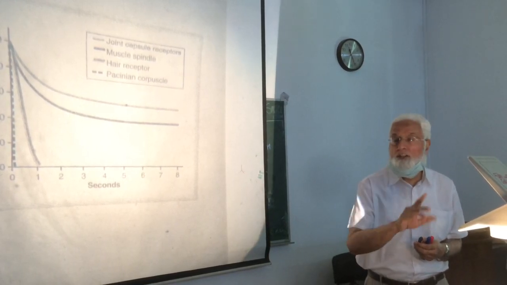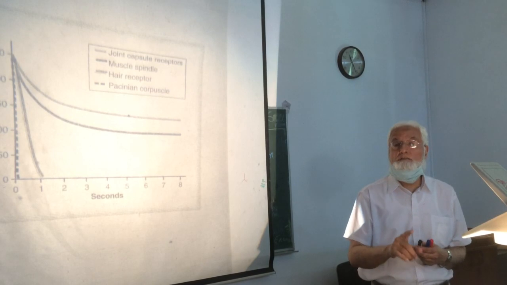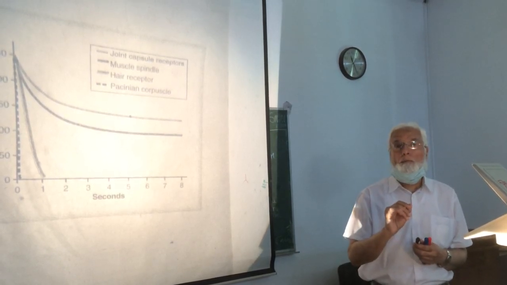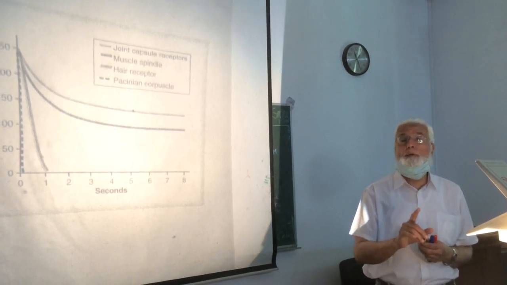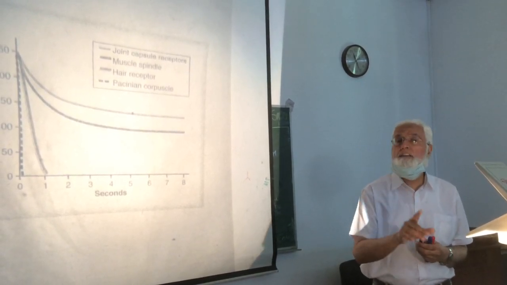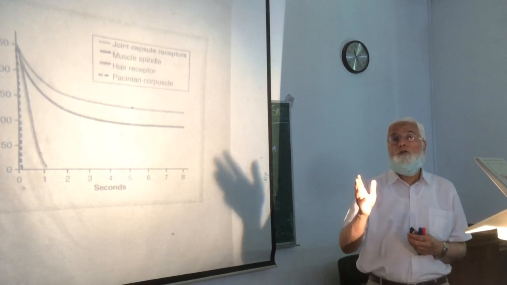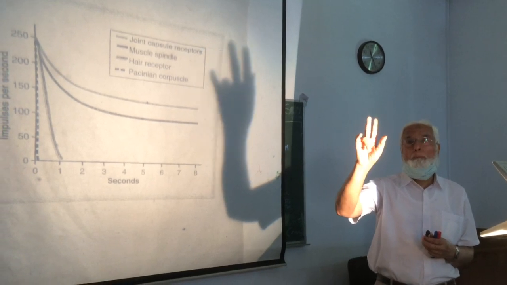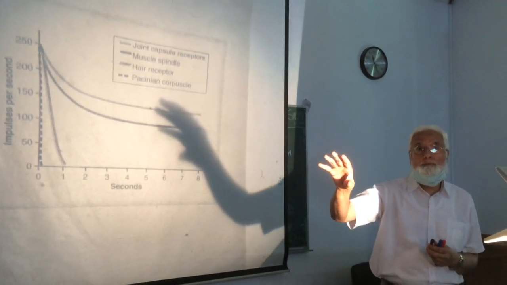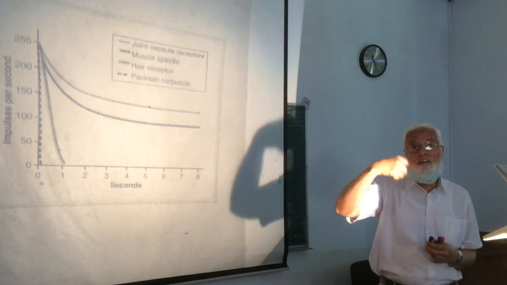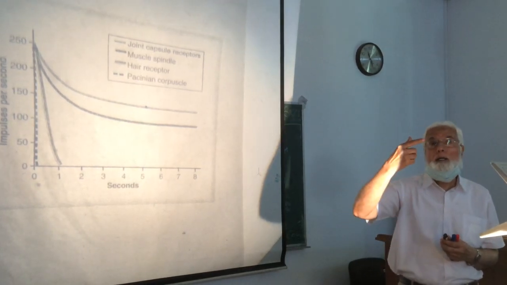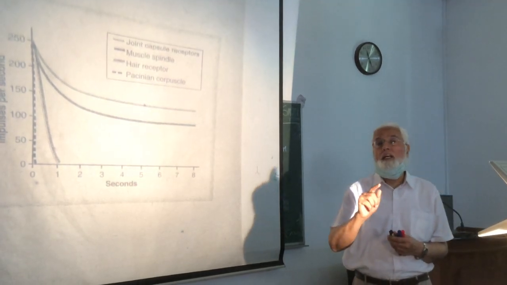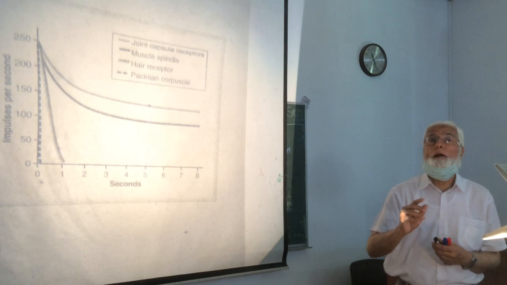So with stronger stimuli, the brain receives impulses from a greater number of receptors, and there will be increased frequency of discharge of impulses from the receptors. This was about the intensity discrimination by the brain.